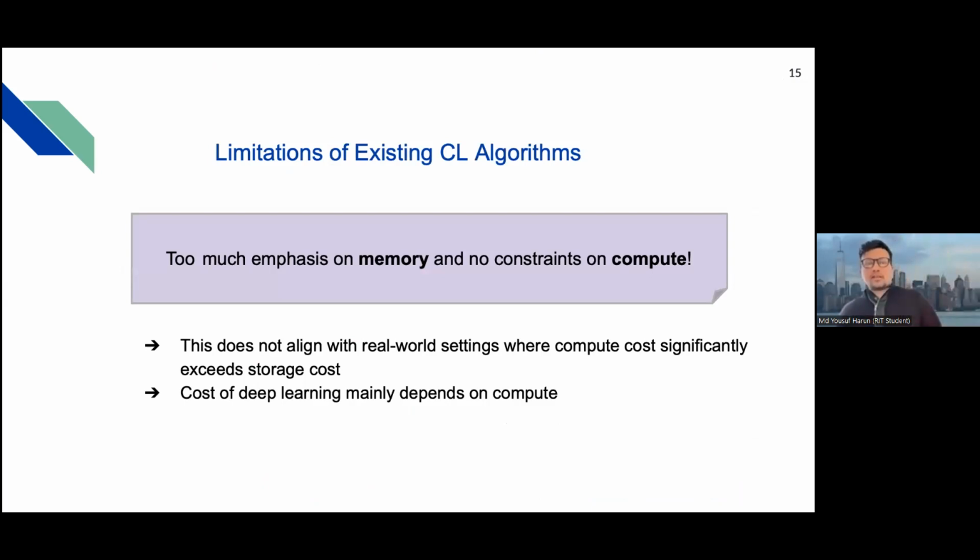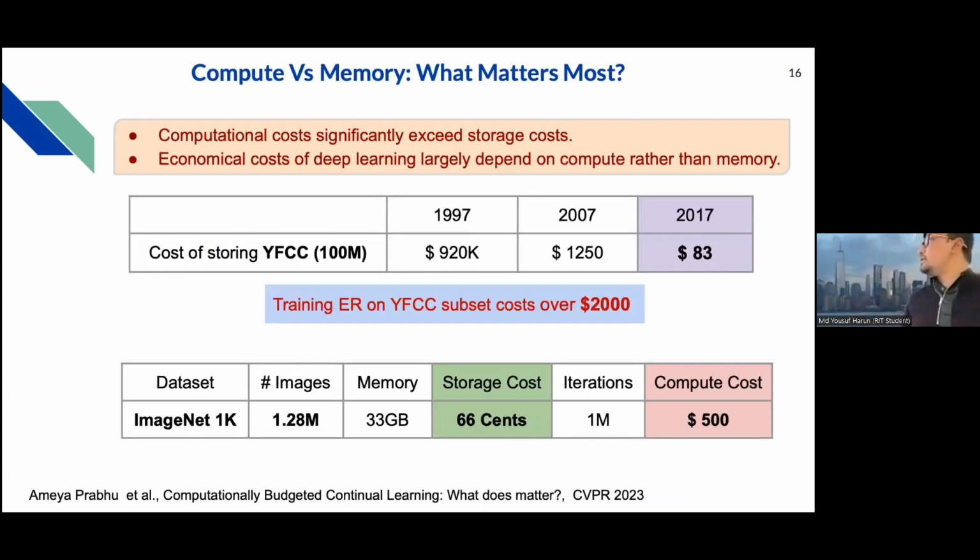The next limitation is that usually they emphasize memory, and there's no constraint on compute. That is also a very unrealistic assumption, because the cost of deep learning depends mainly on compute. As we can see in the next slide, if we just store the largest data set of continual learning, that is YFCC, which has 100 million images, the storage cost has significantly declined over the years.